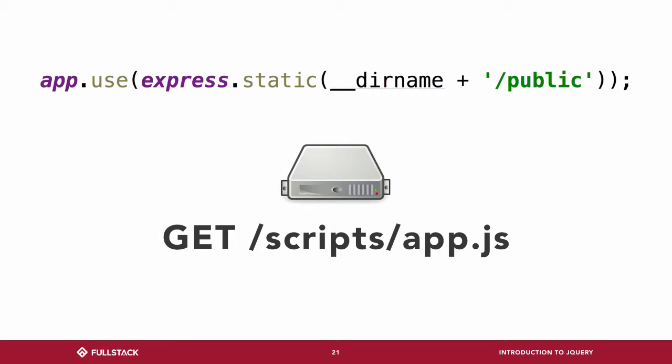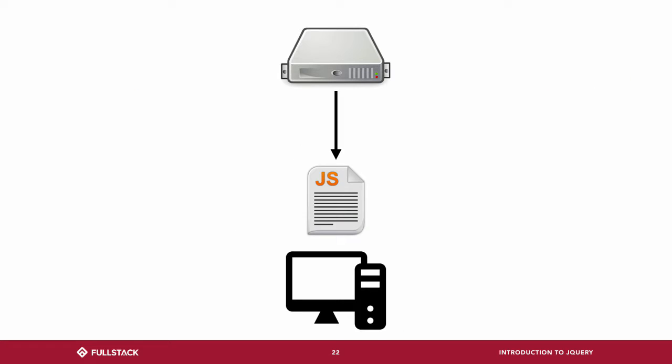We've seen how we can end up setting up static routes to return these things, whether they are style sheets here or script files, assuming that we have them in this public directory. We could end up creating a static route. So we've got JavaScript files which would come to the server, right to the browser.